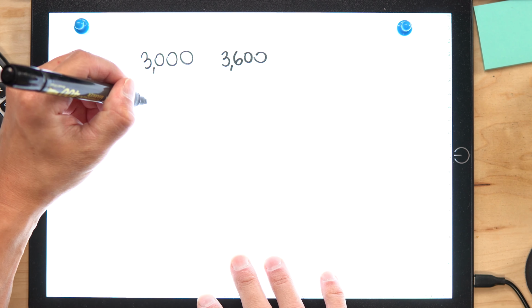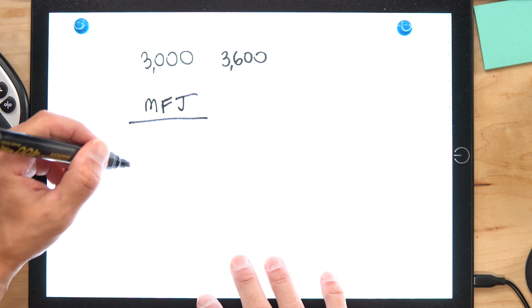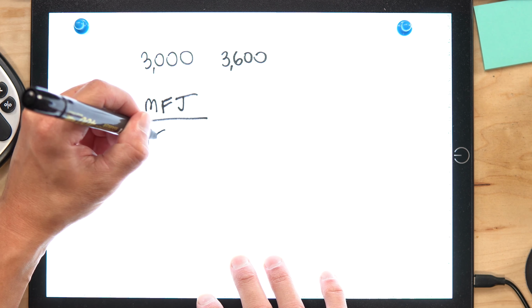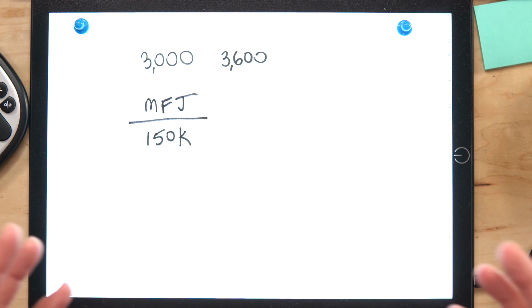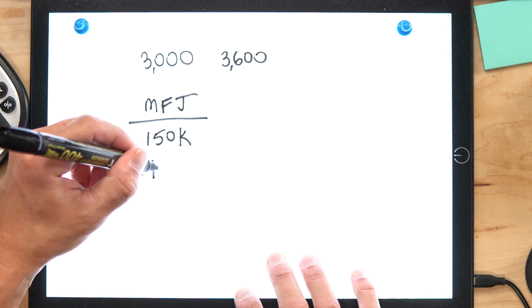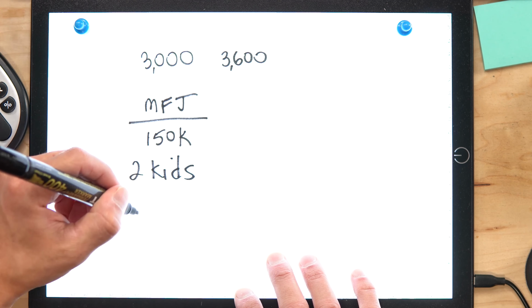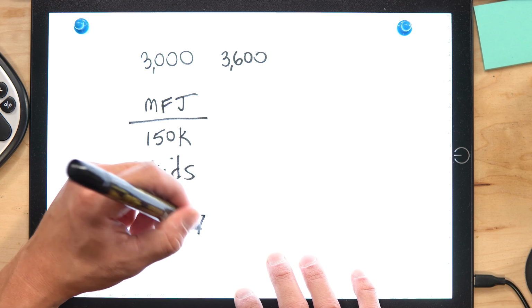So let's go ahead and go over the example of somebody that is married filing jointly. Now, if you've already watched the explainer video, you're going to know that the maximum amount is $150,000. So let's just go through a quick example of having 2 kids. Let's say that you have 2 kids, and one of them is 5 and the other is 17.